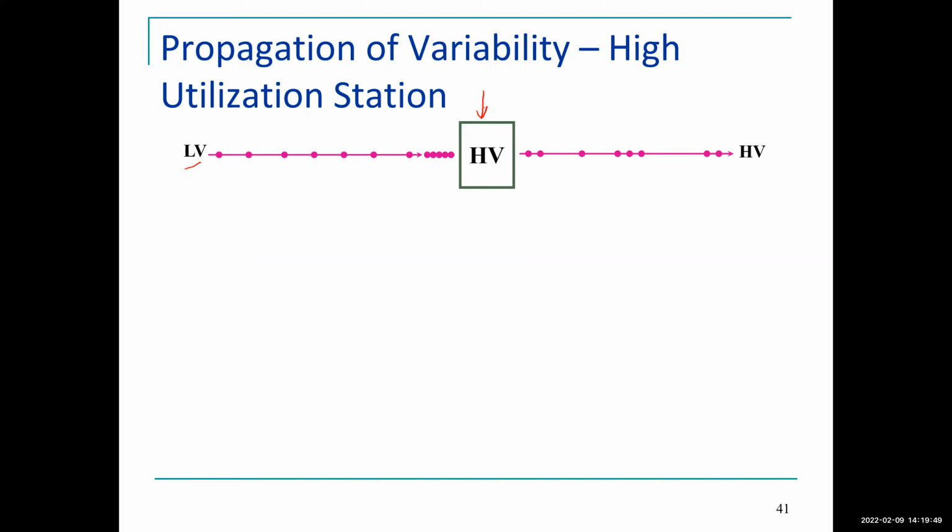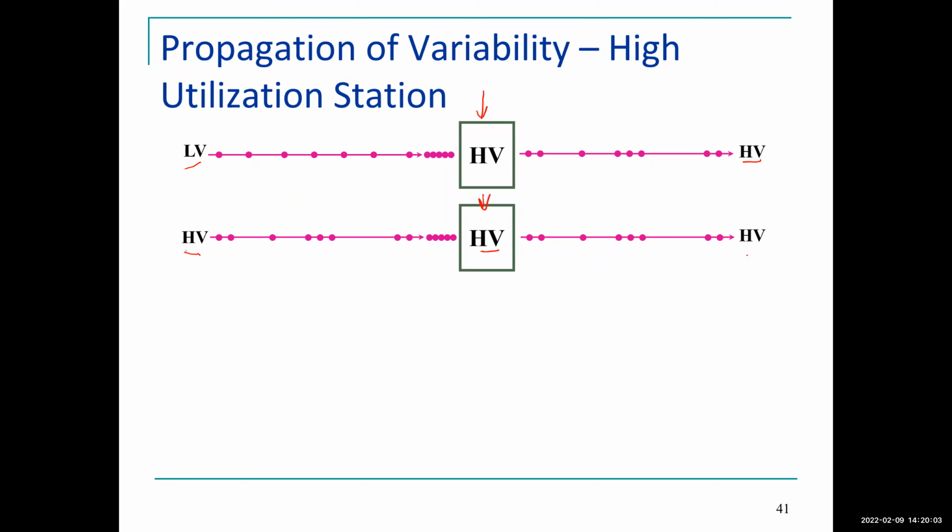What we are going to observe as an output is a high variability. A combination of both high variability in the arrivals and in the process will also give you a high variability in the departure. Low variability and low variability, this is what we expect, right? To have a low variability in the departure process.